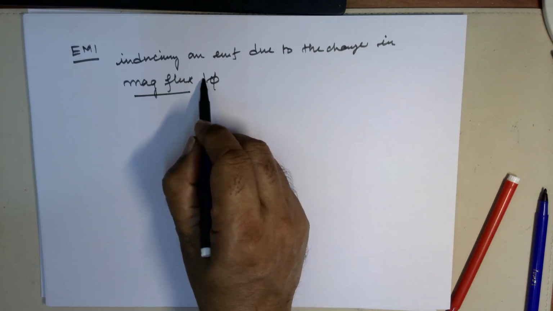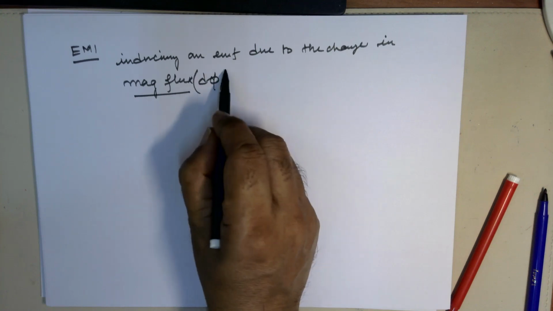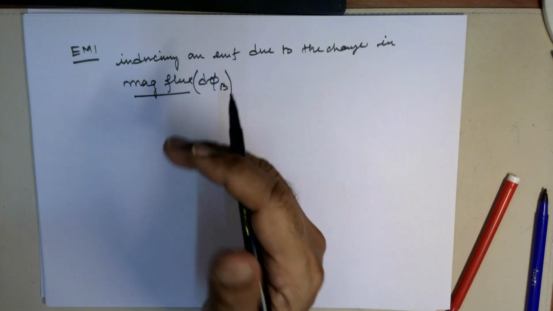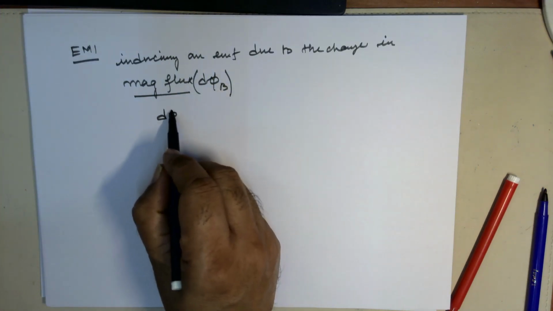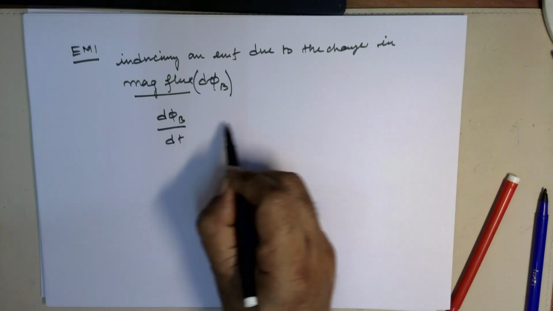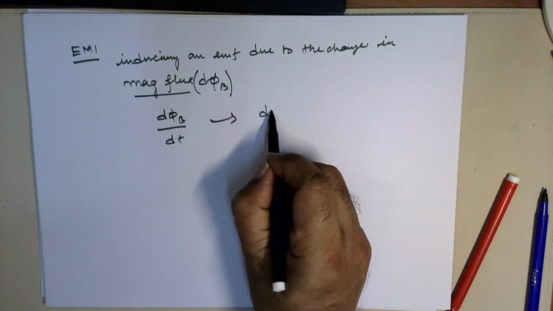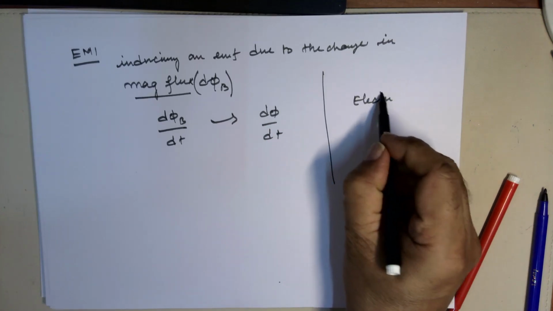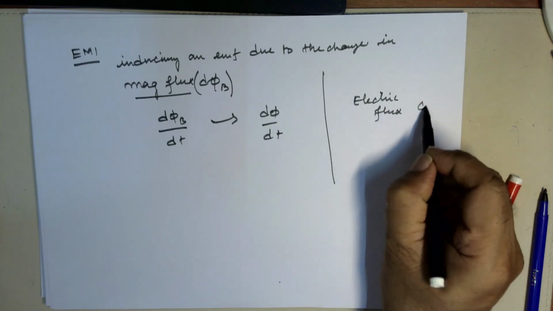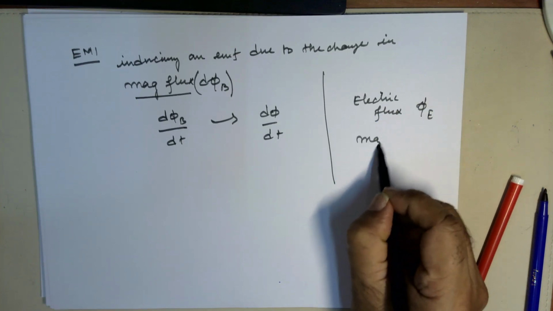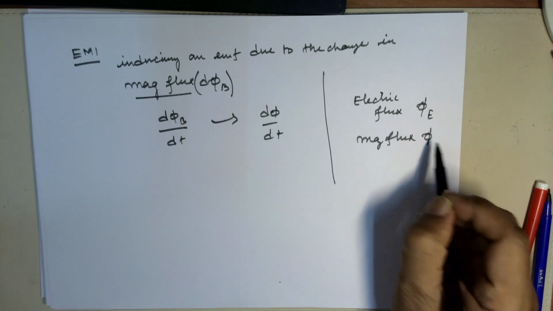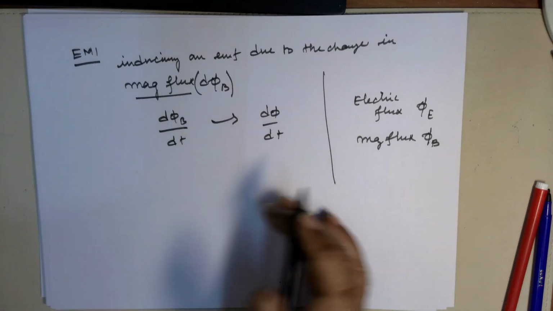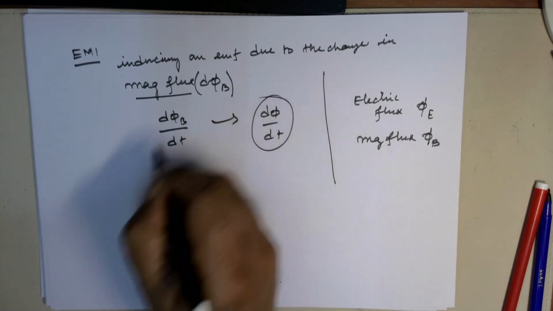So change means d phi B. And actually speaking, how fast it is changing, you can call it d phi B by dt, or simply d phi by dt, because electric flux is indicated as phi E and magnetic flux is represented by phi B. So in this case, we are going to discuss in detail about the magnetic flux.